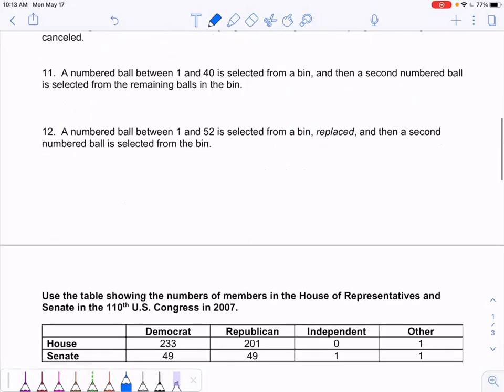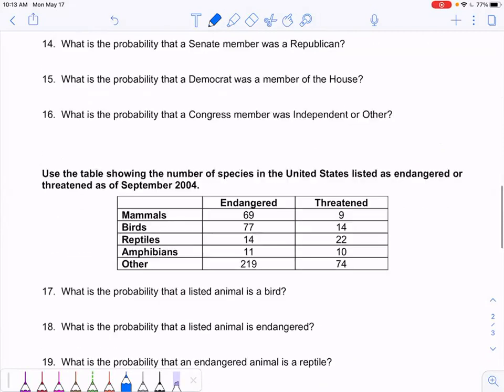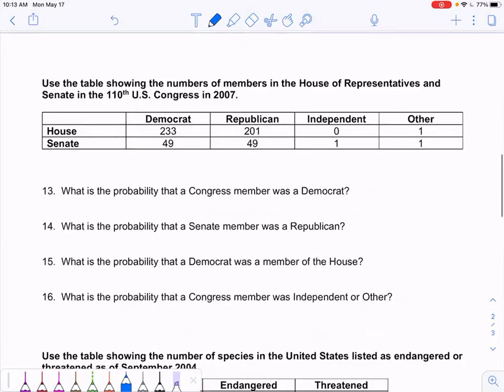Okay, let's go down and do some of these real quick. Why don't we do 13 through 16, and I'll call it a day with you guys, okay?